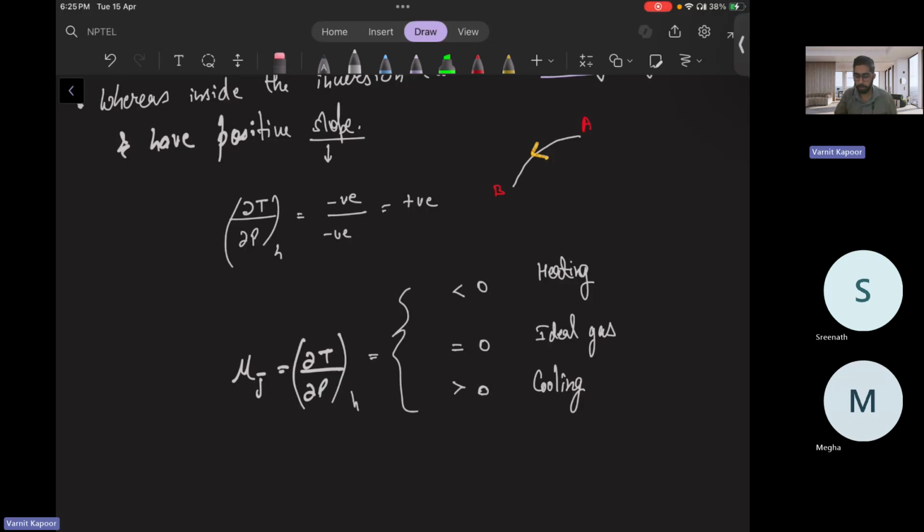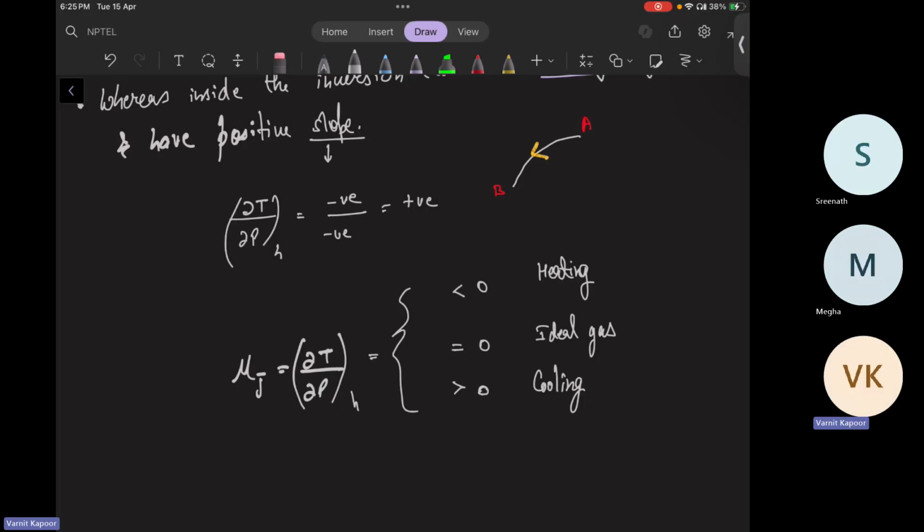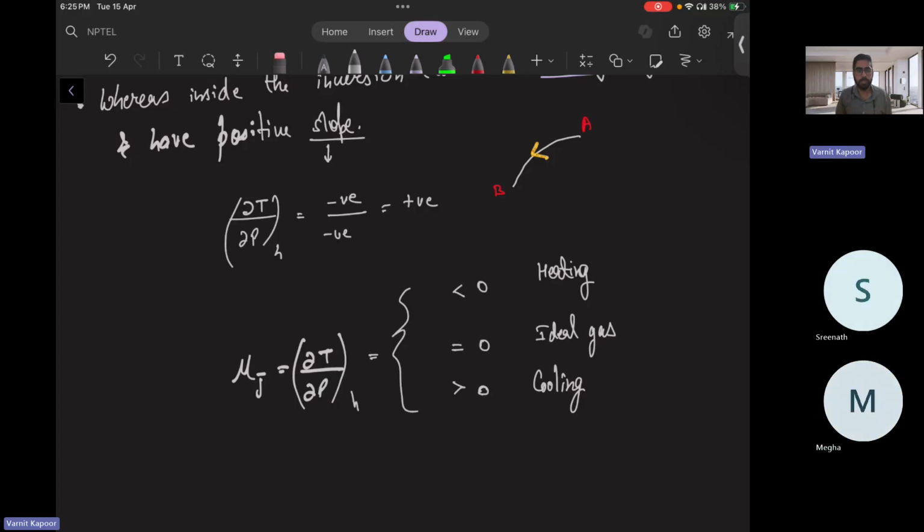Any doubts? Just give me a note, please. So mu J less than, equal to, greater than: I can also write here heating region, cooling region, an ideal gas.